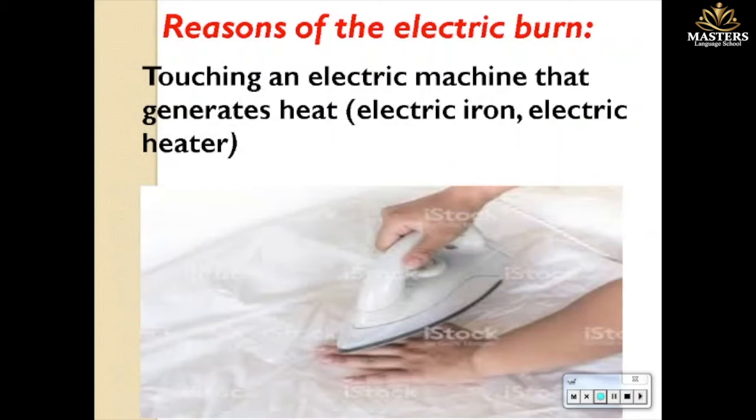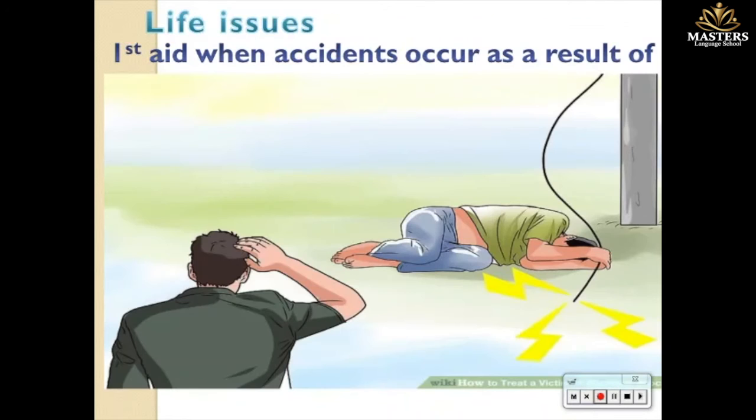Reason number three, touching an electric machine that generates heat, like an electric iron and electric heater, so please keep away from those things. Now, you have an injured person who has electric shock, and I want to save him.